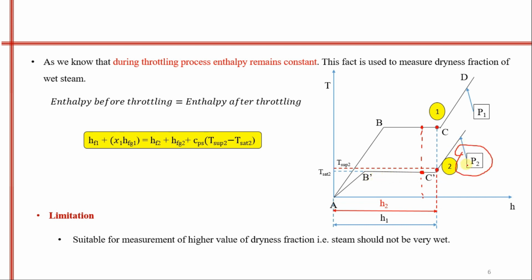Now if I equate the two expressions, the expression for point number 1 will be the same, hf1 plus x1 hfg1. The expression for point number 2 will be that of wet steam, so it will be equated to hf2 plus x2 hfg2.